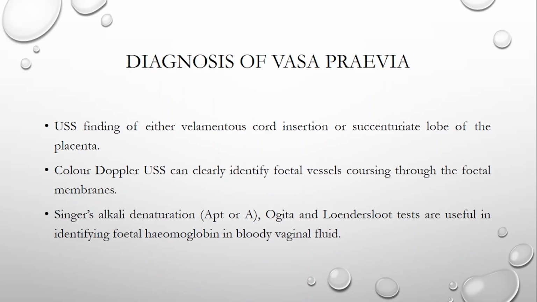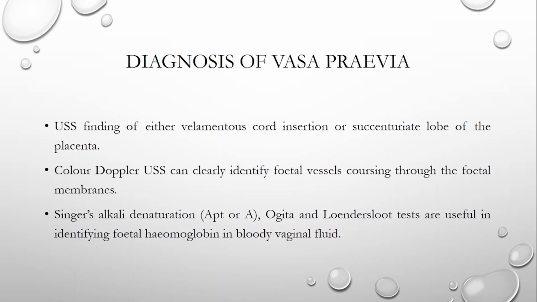How do you make a diagnosis of vasa previa? Number one, from the history: painless vaginal bleeding and fetal heart rate abnormalities following rupture of fetal membrane. Ultrasound finding of either velamentous cord insertion or succenturiate lobe of the placenta is one of the greatest clues. Then color Doppler ultrasound can clearly identify fetal vessels coursing through the fetal membranes, like I've shown you in the diagram earlier.